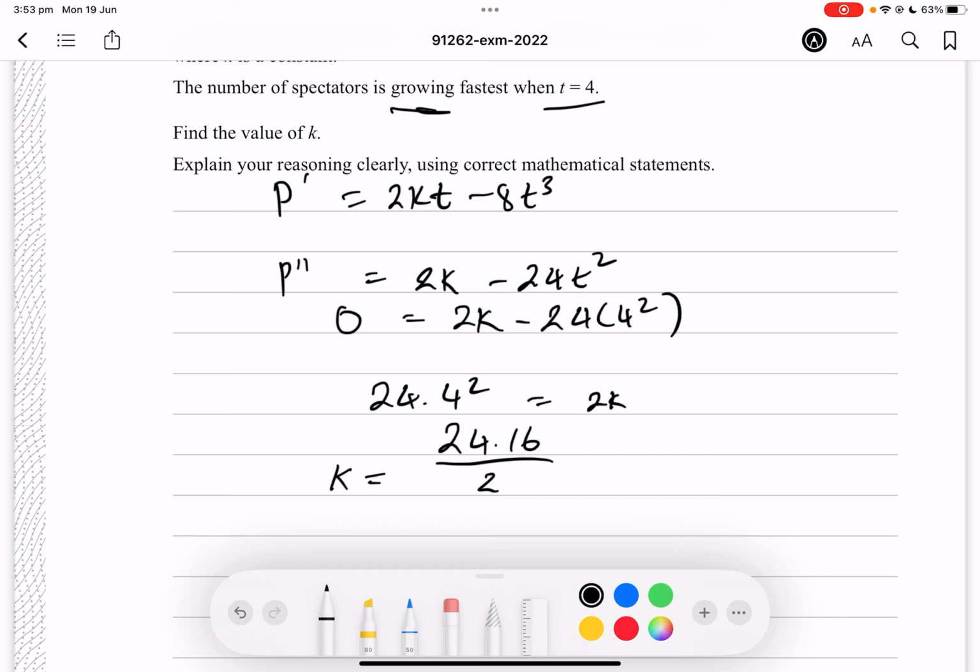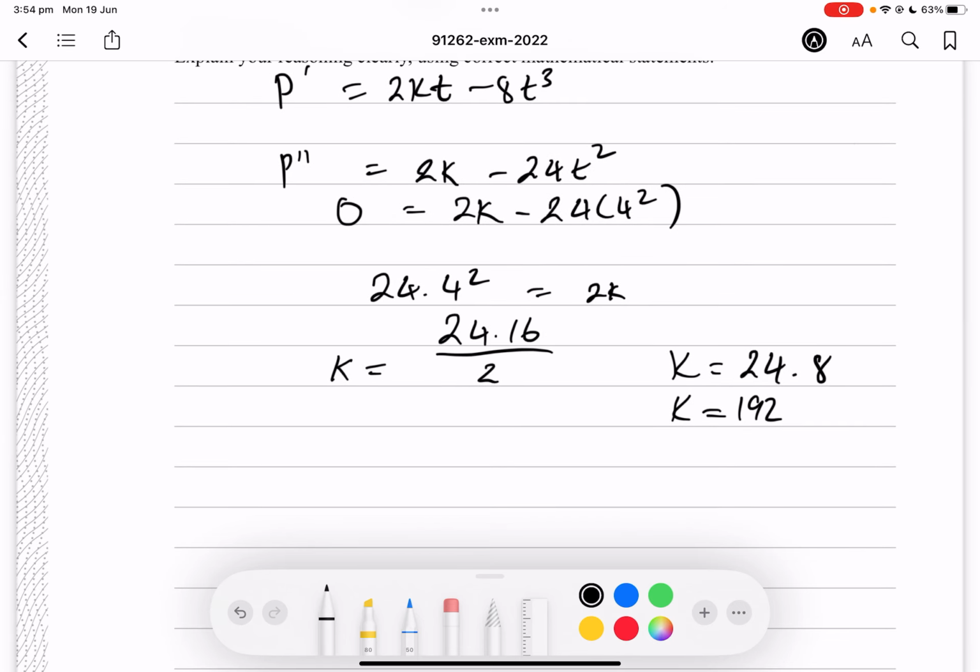Okay, so k equals to 24 times 8, 192. Okay, so k equals to 192 is our answer here.